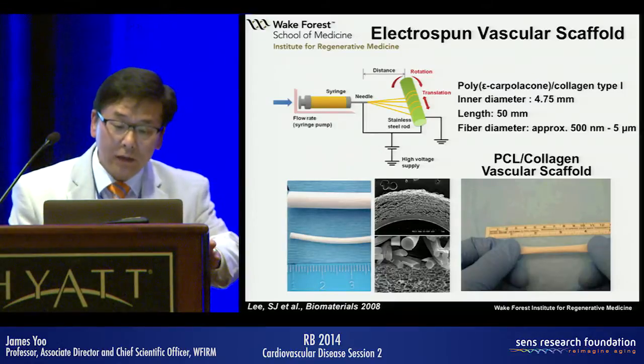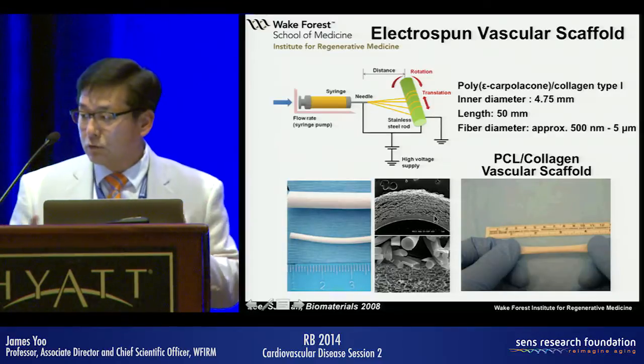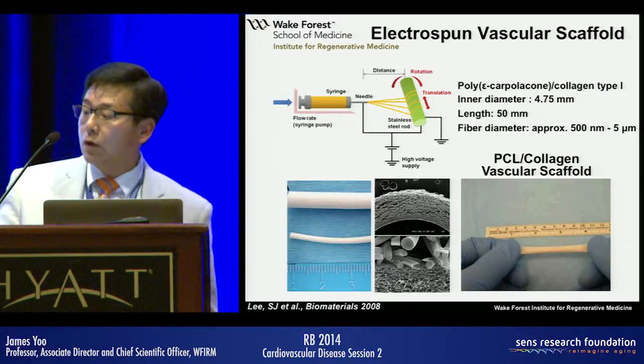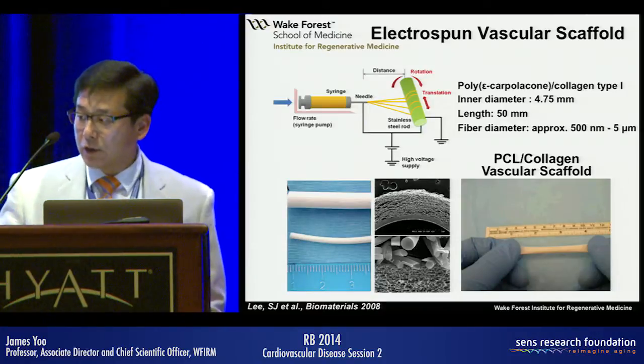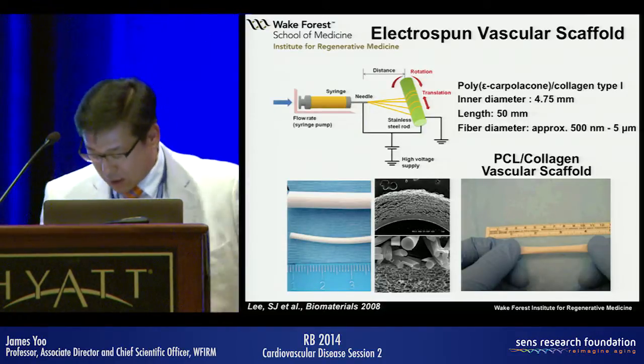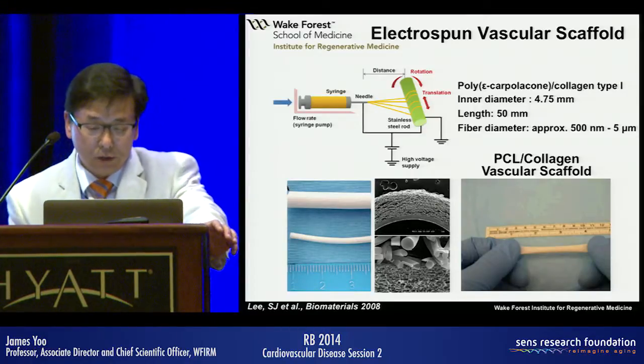On the outer side of the blood vessel, we made it very loose, creating more space for smooth muscle cells to be accommodated, and eventually those cells would be involved in contraction.